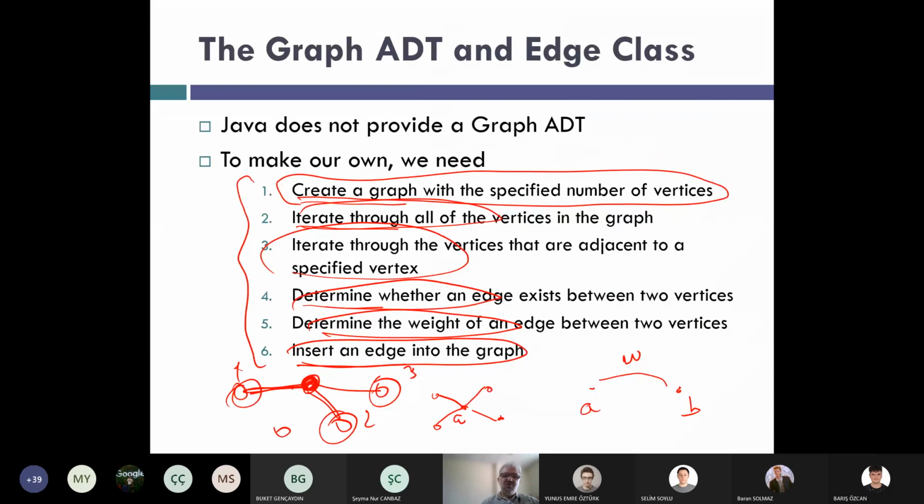So there is no creation method, since this is a constructor. Interfaces don't include any constructor.